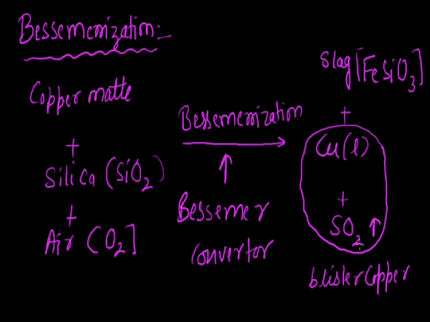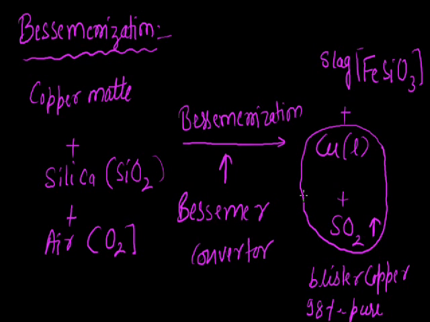When this SO2 is trapped in liquid copper, when copper cools and converts into solid, some bubble-like structure or blister-like structure will be present in this copper. So this copper is known as blister copper, and it is 98% pure, not 100%, it is 98%.